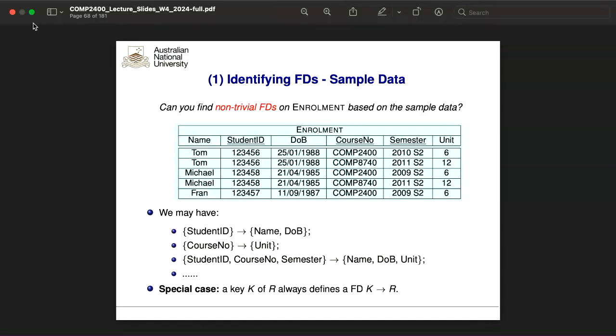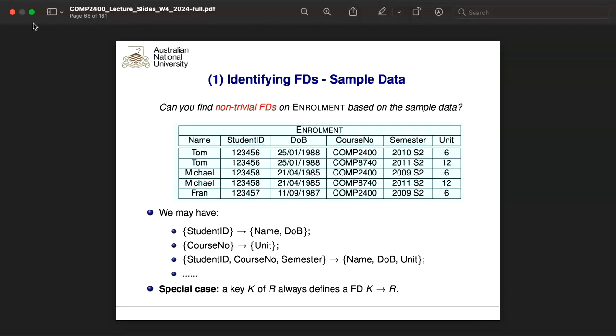We can have a look at this case. If we only have some sample data, then we try to get an idea about what kind of functional dependency could be useful. Based on common sense, we may say student ID determines name and date of birth. That sounds reasonable, and also in the data, tuples with the same student ID must have the same name and date of birth, right? Similarly, we may find course number determines unit.